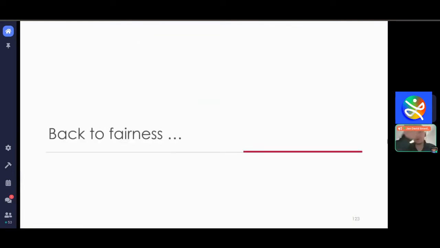Right. But there's this whole space of people thinking about data as the underlying fundamental thing that drives a lot of the recent developments next to methods development. And I just wanted to take you on a small detour, but back to fairness.